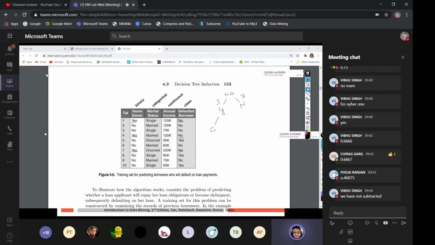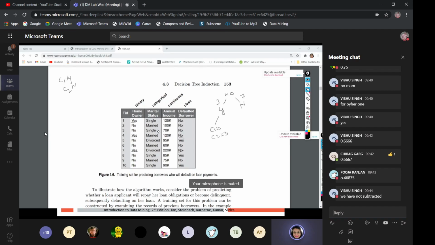Let my class 1 be yes, and let my class 2 be no. So my C1 is 0 and C2 is 3 when I split.